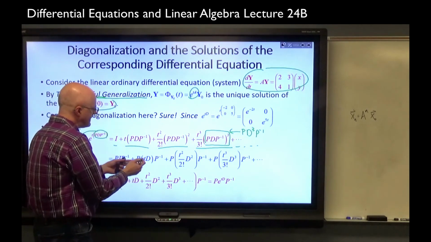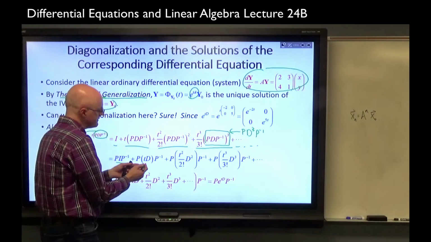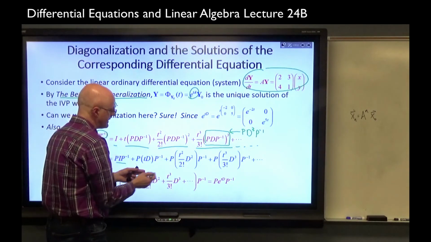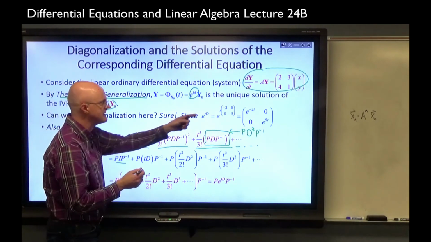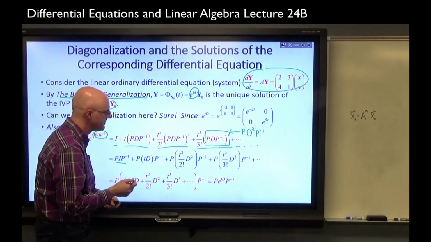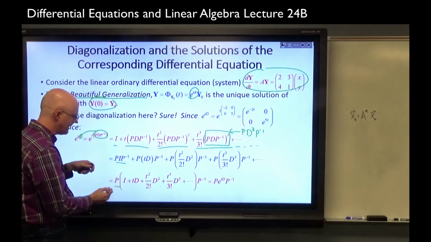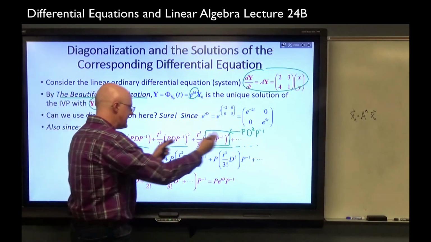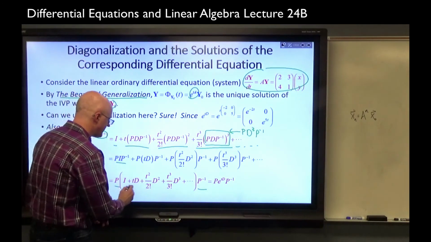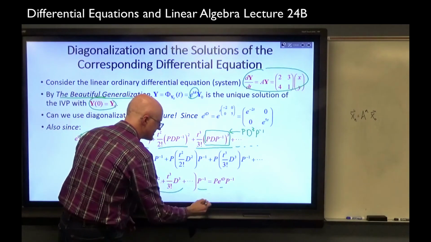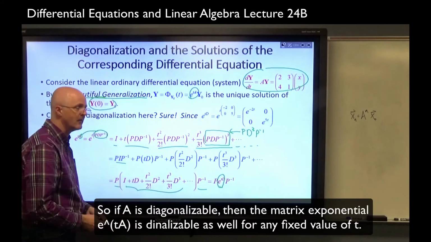And I'm keeping the constant inside the parentheses, the variable t squared over 2 factorial, I'm keeping it inside the parentheses because I'm trying to relate it to e to the tD here, that's the reason. And assuming I can factor a P out of the left of this infinite series, and a P inverse out on the right of the infinite series, what I'm left with inside here is the matrix exponential e to the tD, which equals this.